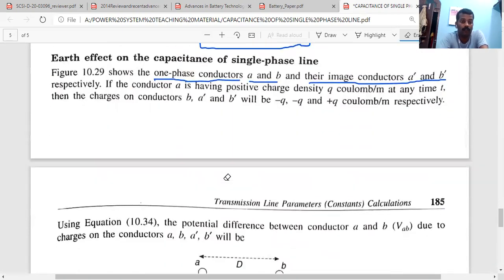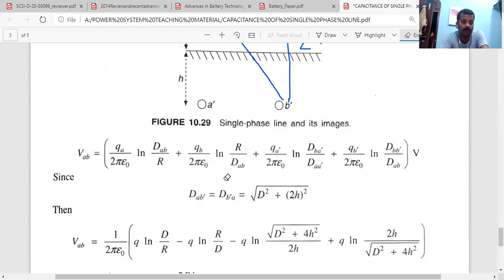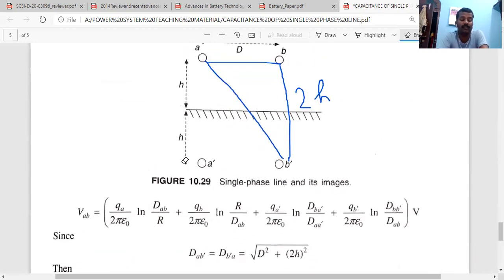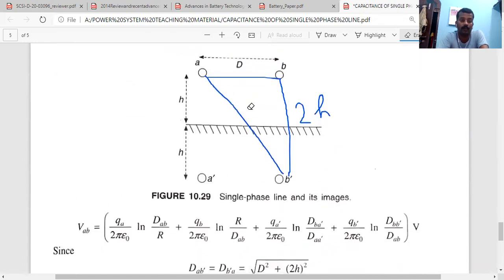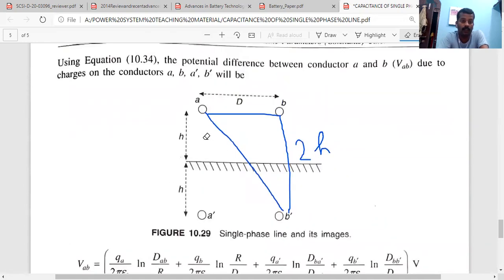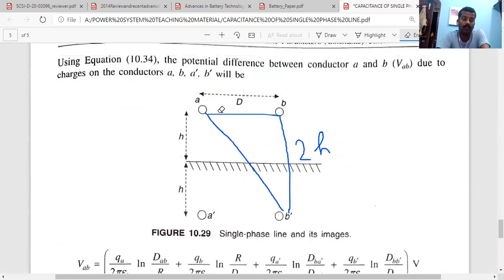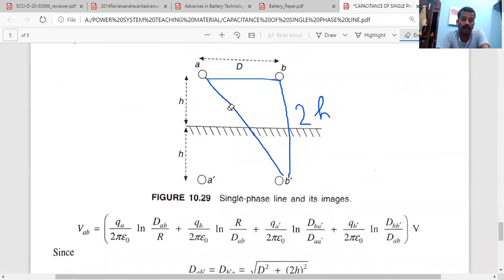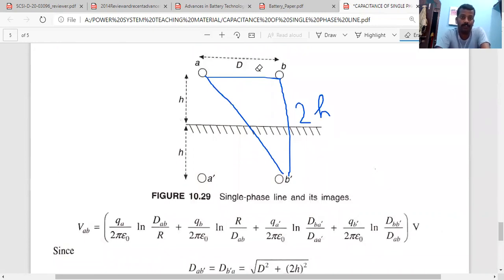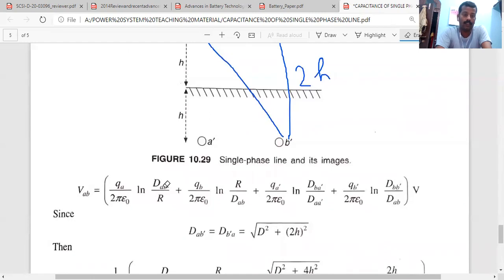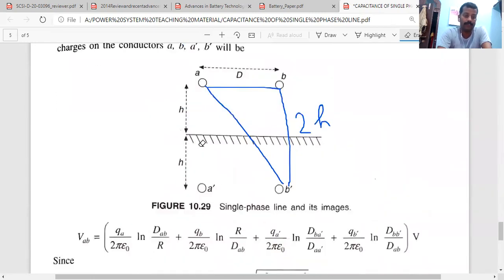Now, to calculate the capacitance, we have to calculate the voltage, and this voltage VAB will be simply the voltage produced due to this charge, and this charge, and so on.